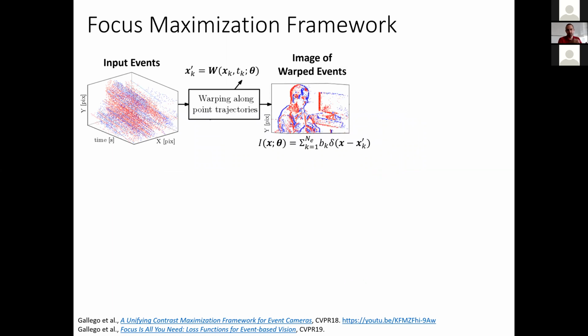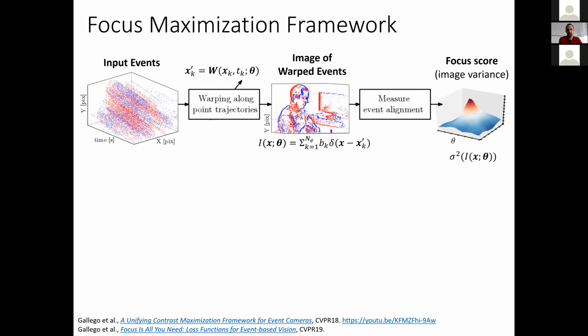Then we hypothesize, we say, okay, let's try to count how many events happen along these motion trajectories. And if we count the events, we will come up with an image of warped events that is basically the count along each of these curves. And then we measure how well the curves align with the event data.